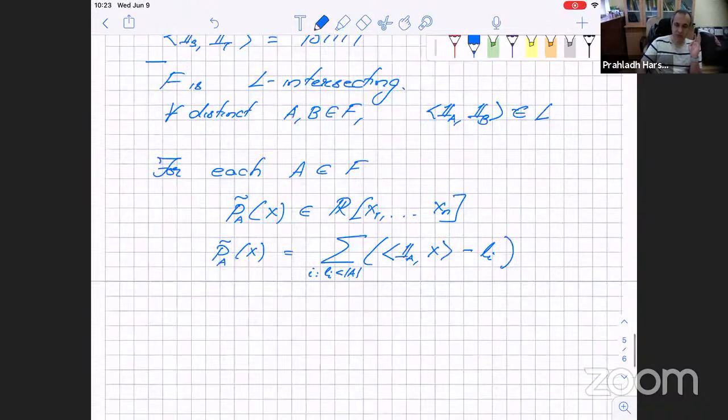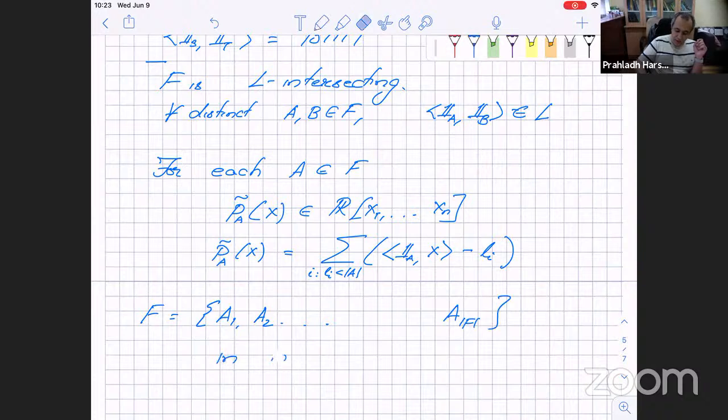Why do I want to do this? Let's stare at this a little bit. f was a sequence of sets, so let's assume f is of the form A1, A2, and so on, written in non-decreasing order of the size of the sets.